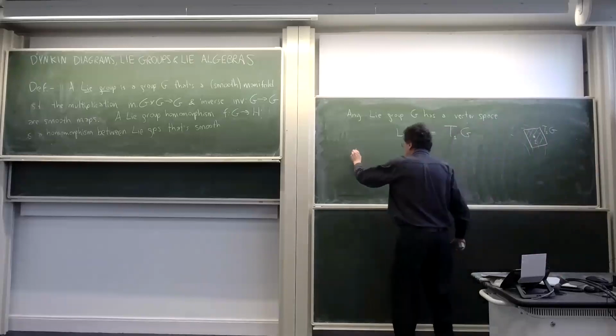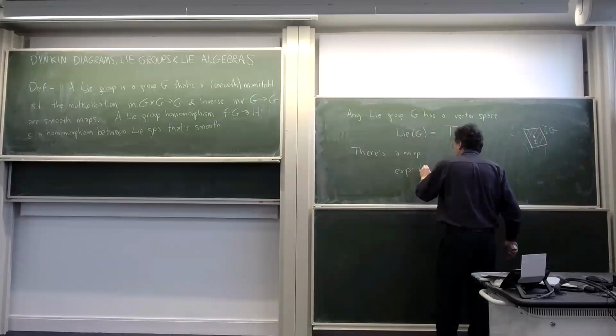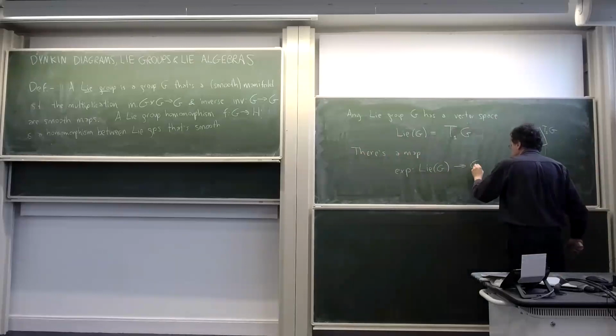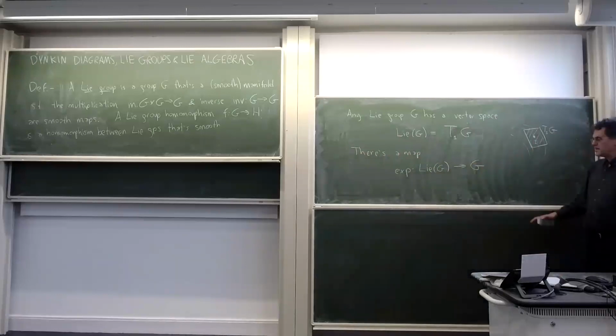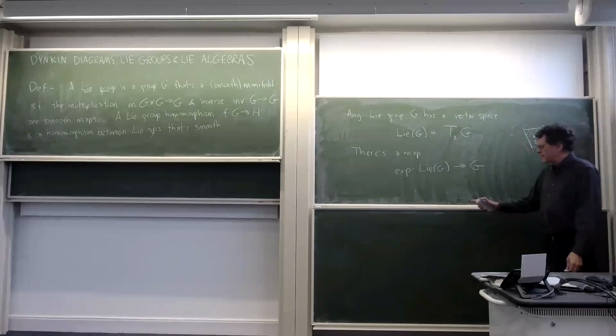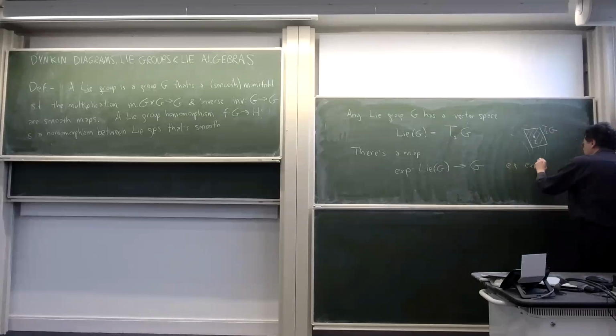So there's a map, and now I mean a smooth map. There's a map called the exponential from this vector space, Lie of G, to G. Very often the way it works is that G is some group of matrices, Lie of G will be some vector space of matrices, and this exponential map will be defined in the usual way, namely by convergent power series.